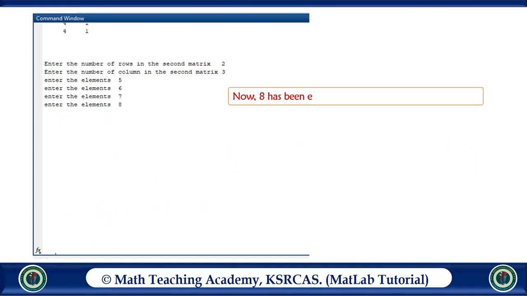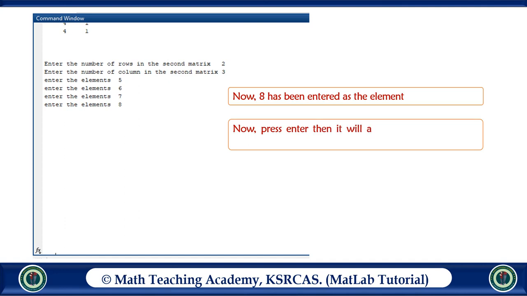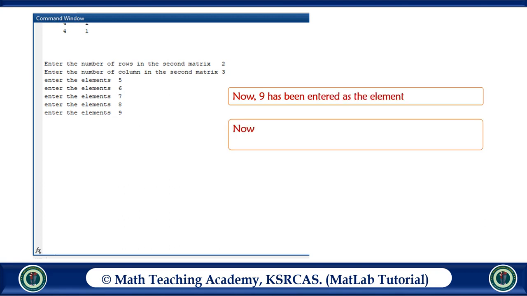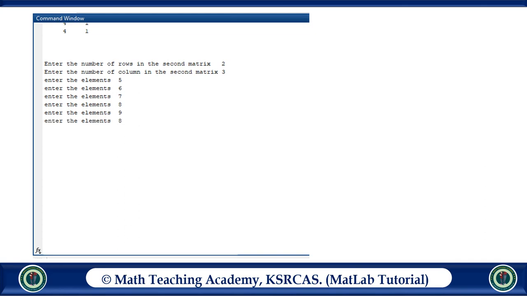Now 8 has been entered as the element. Now press enter, then it will ask you to enter another element. Now 9 has been entered as the element. Now press enter, then it will ask you to enter another element. Now 8 has been entered as the element.